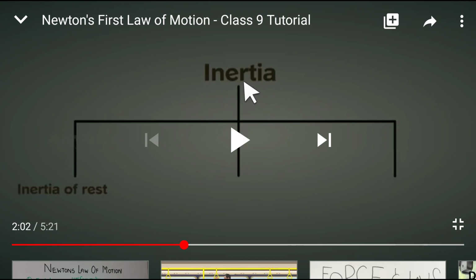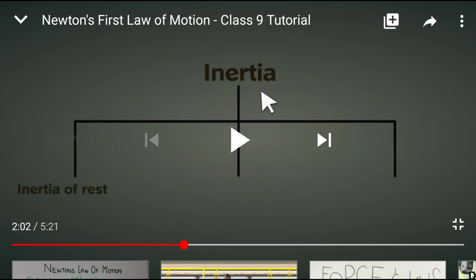Inert means inactive. Inertia means the object will try to remain inactive, that is, it will try to maintain its state of rest or state of motion. That tendency is nothing but inertia.